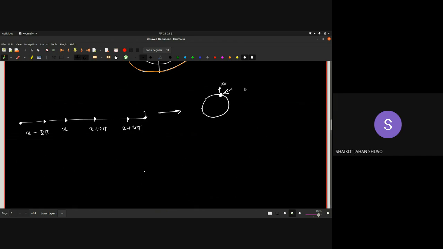This type of procedure is often called identification. If you have studied some special relativity, or general relativity, or any other stuff, this identification is similar to a periodic boundary condition.